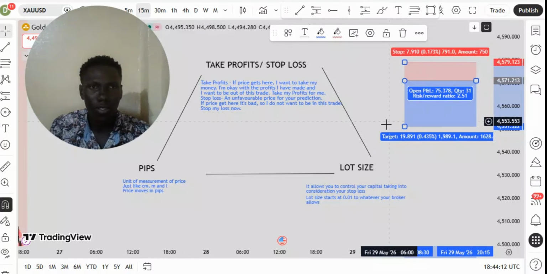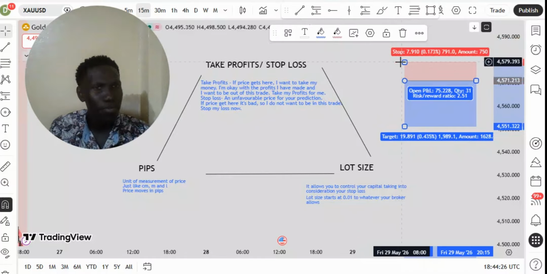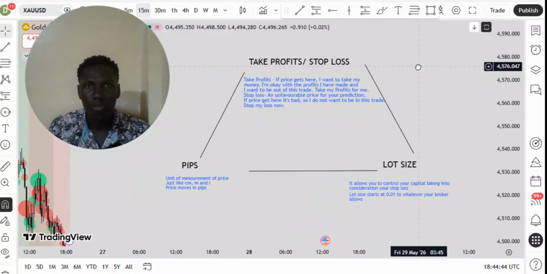And if it gets to the bottom of this blue area, that's the take profit, so you would get out of the trade in profit. But if it hits the tip of the red area first, you will be taken out of the trade with a loss. But if it hits the tip of this blue area first, you are taken out of the trade with profit. So that's how stop loss and take profit work.